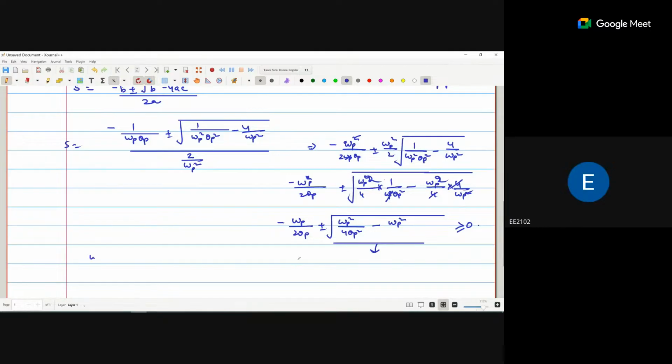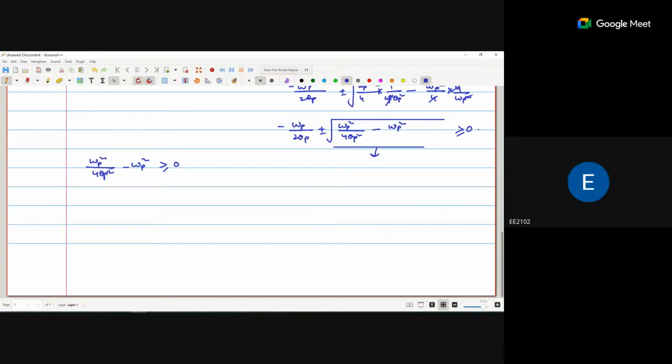Okay, so omega p square upon 4 qp square minus omega p square should be greater than or equal to 0. So 1 upon 4 qp square minus 1 should be greater than or equal to 0.